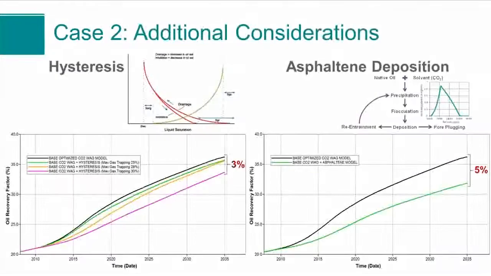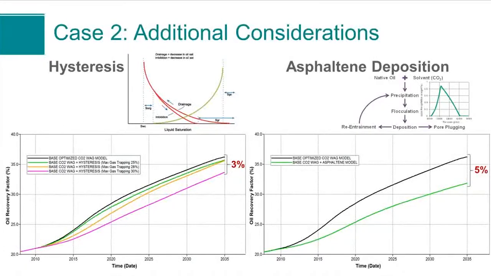There are some other mechanisms that you can also evaluate their effects on the oil recovery, such as hysteresis and asphaltene deposition. In this case, you can see by adding hysteresis into the model, we could see a change in the oil recovery factor of about 3%.